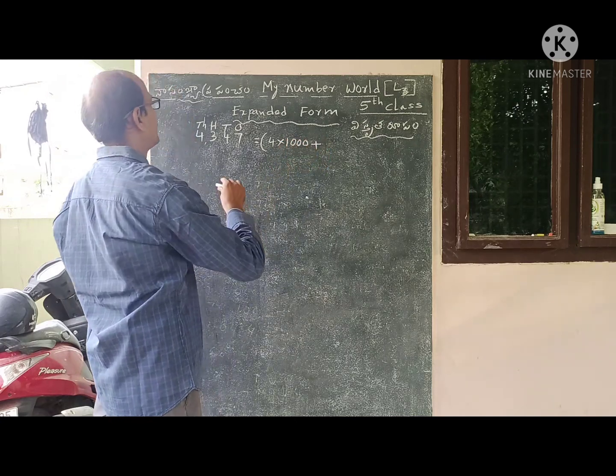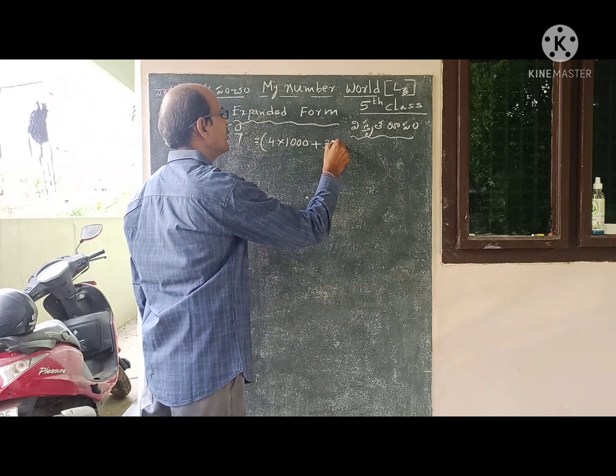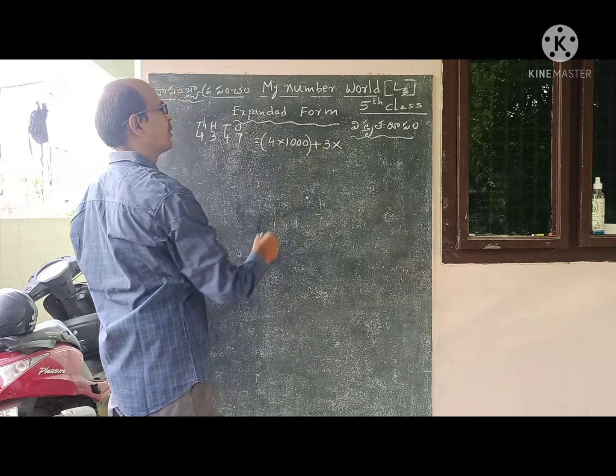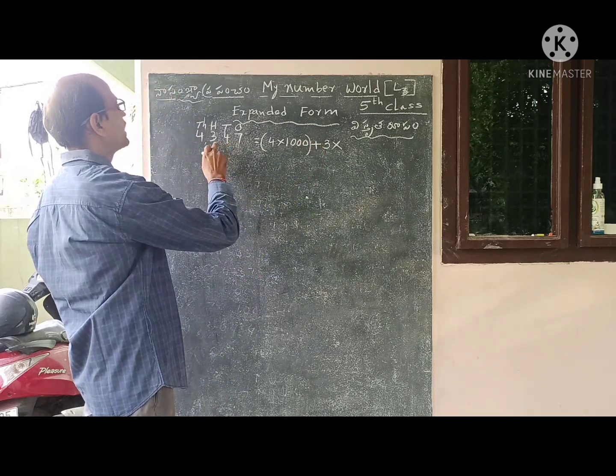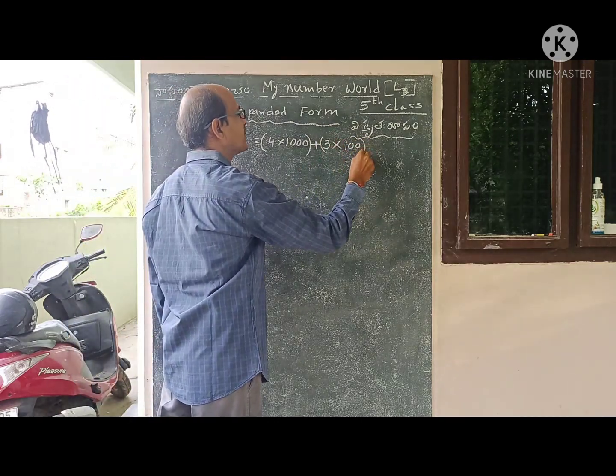Plus, next write the 3, into 100. 3 into 100 is 300.